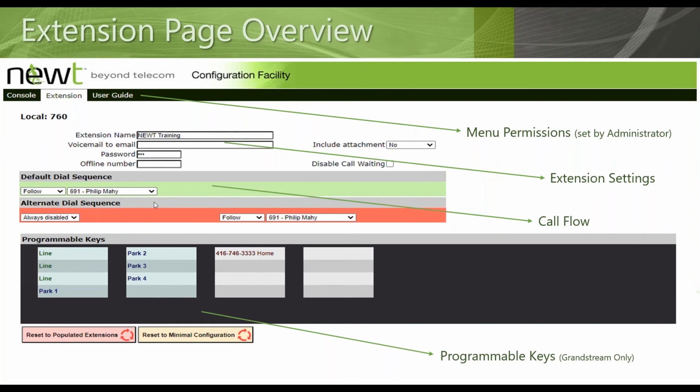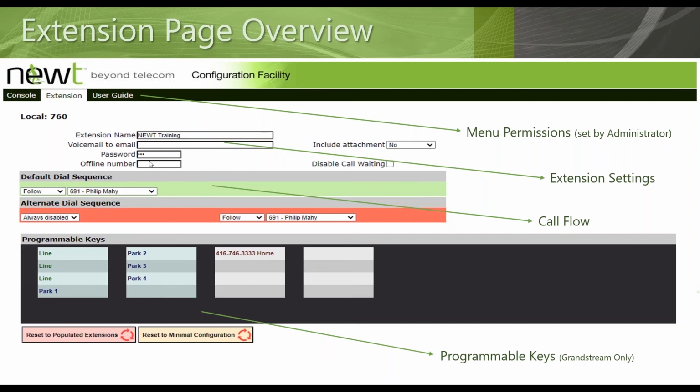And you can also set an offline number. An offline number really would be, let's just say, your cell phone. If for some reason your phone at the office stops working, maybe a rodent has chewed through the cord or something like that, you can put in your cell phone number and the system will automatically detect that your phone is not working for any reason.